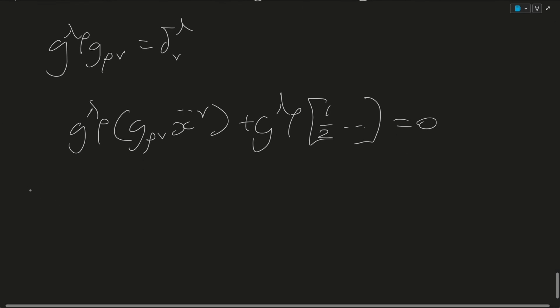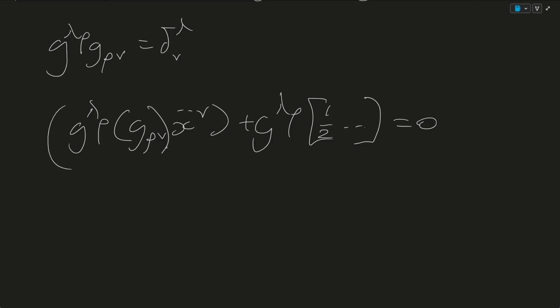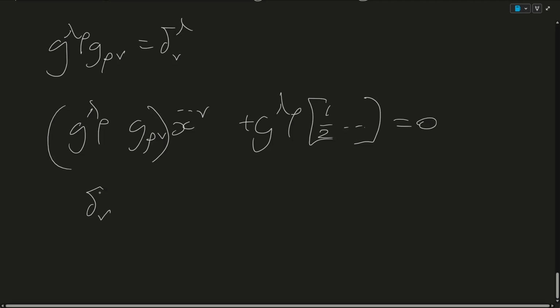And so if we then factor that out instead, because it's all a product, that's just our Kronecker delta, or rather our identity matrix.